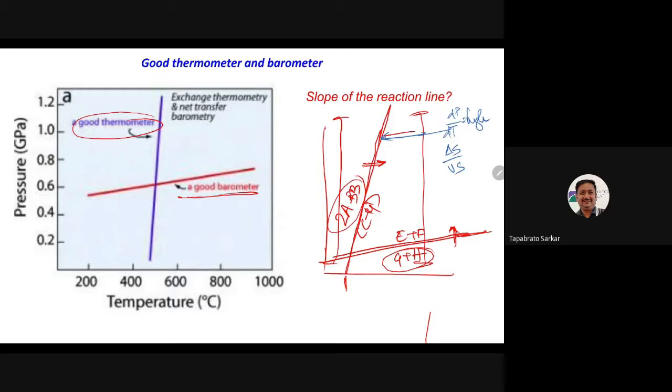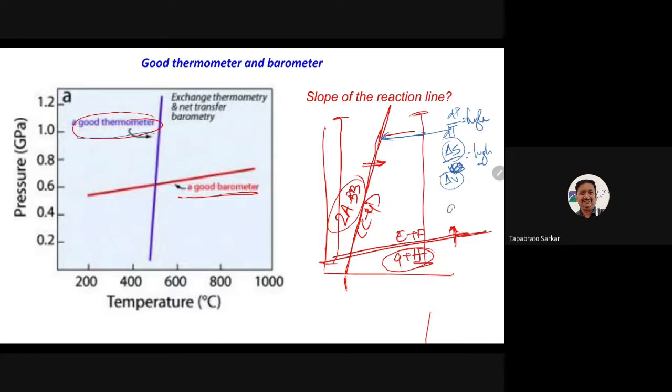Del S by del V is high, which means you have a very small volume change and a large entropy change, right? Yes, sir. So any reaction where the entropy change is very high and the volume change is very low would have a steeper slope and therefore would act as a good thermometer.